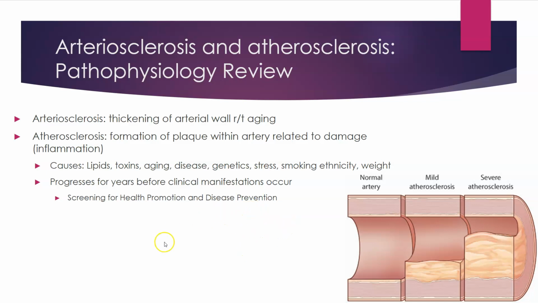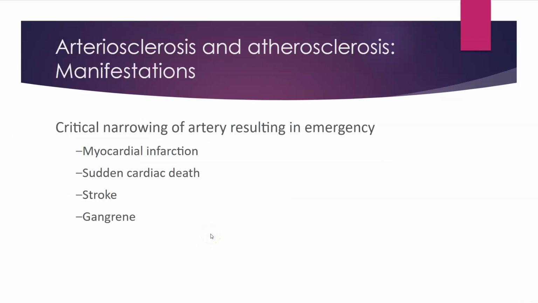Patients in their 20s now have significant atherosclerosis, and of course that's a complication that will just continue to worsen with time, generally speaking. So what happens? Ultimately it will result in an emergency situation with myocardial infarct, sudden cardiac death, stroke, or even gangrene if you're getting a lack of perfusion.